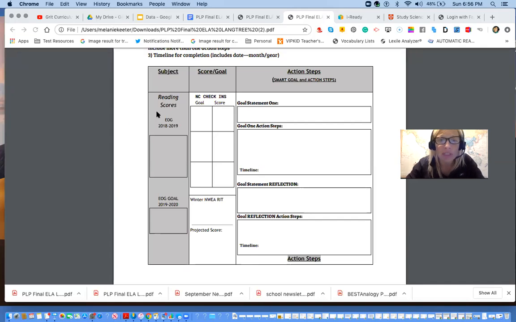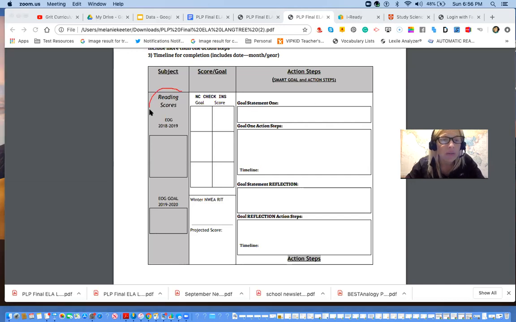So one of the first things that you can do is start to brainstorm what your goals might be, but don't write them quite yet. Let's pull some data points, some pieces of information, some scores from last year and from this year, and see if that can help us in building what our true goals are.